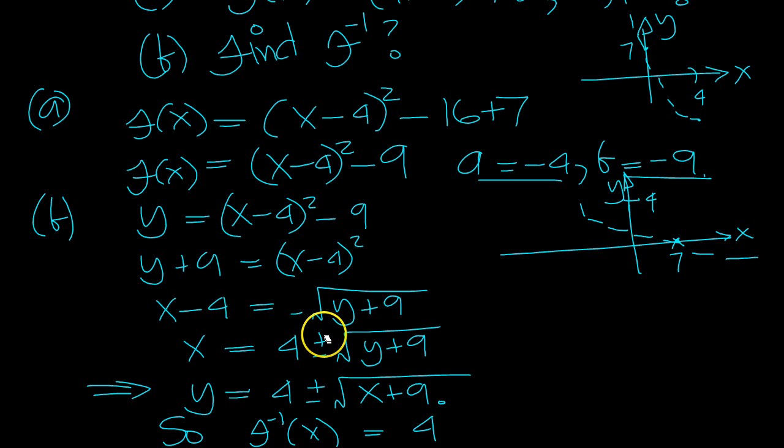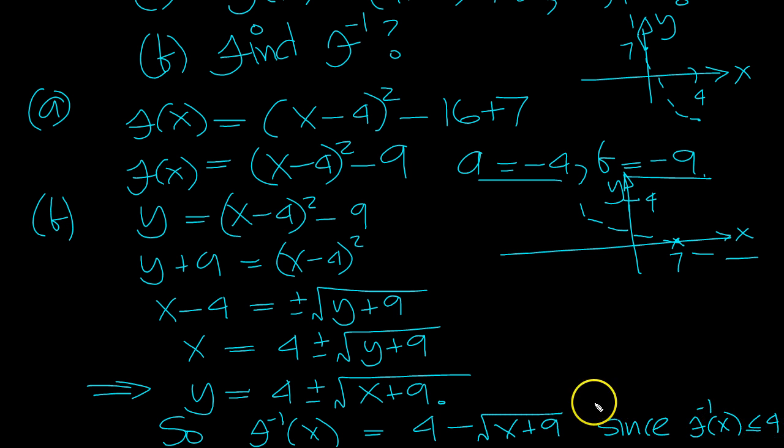So it's the minus, so let's just put it in here on the f minus 1, minus the square root of x plus 9, since f minus 1 of x has to be less than or equal to 4. So that's why we had the negative away from less than 4.